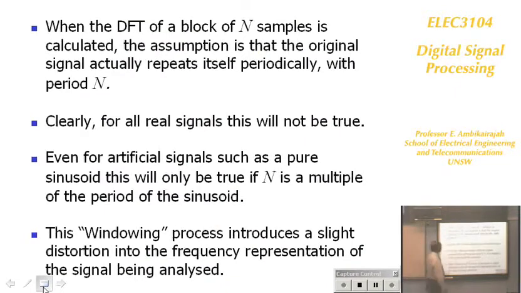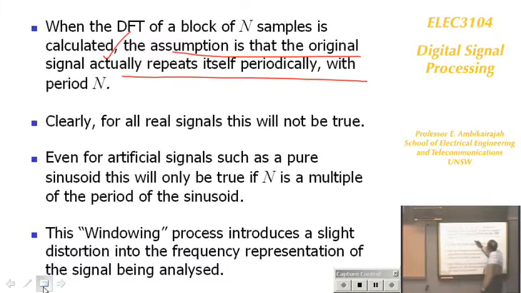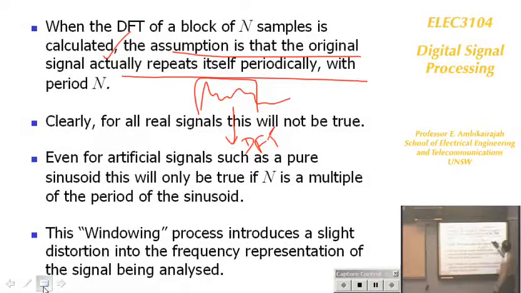When the DFT of a block of N samples is calculated, the assumption is that the original signal actually repeats itself periodically. So if you take a signal like that, and you take a block of 100 samples, and you're trying to get the DFT, the DFT assumes that block is now repeating.